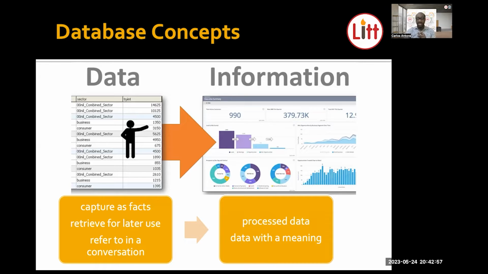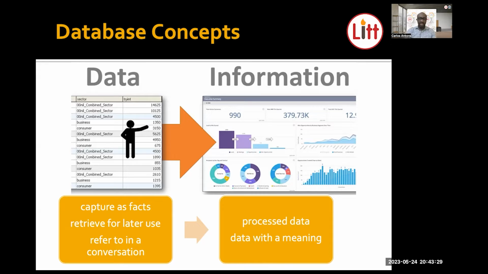So in the context of databases, information is the result of processing and analyzing data to generate meaningful outputs. This can involve performing calculations, aggregating data, applying business rules, or generating reports and visualizations, just as we can see in the diagram here. Information provides the context and relevance that empowers users to derive insights and draw conclusions.